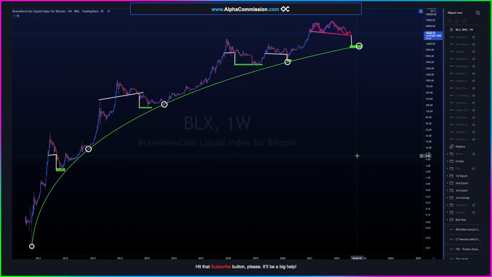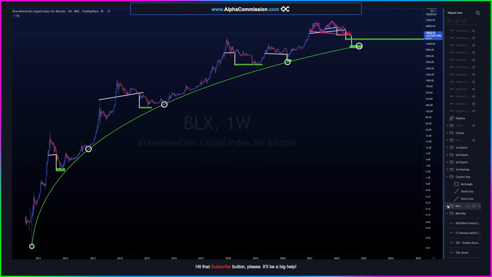Just food for thought, guys. I'm not going to go too much further. I think that's a lot to give people to think about. But it also gives us some targets, right? Now, this isn't a perfect model. There are some artistic liberties taken here. There's no guarantee on any of this. It's definitely not financial advice.